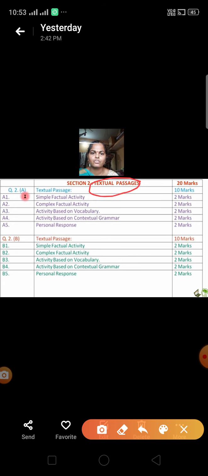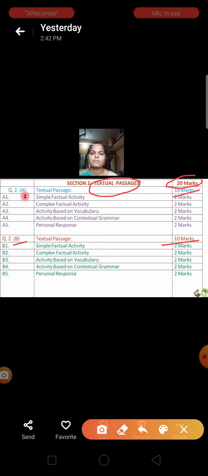It is textual passages and it is for 20 marks. Means question number 2A is for 10 marks and question number 2B is for 10 marks, means 20 marks. Textual passages, okay. So see, first question number 2A is for 10 marks.